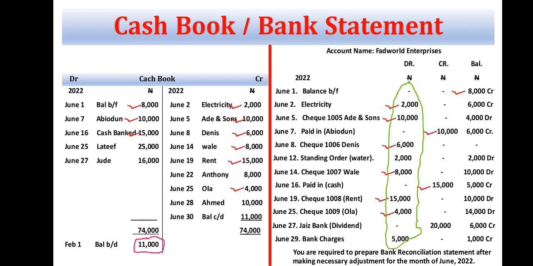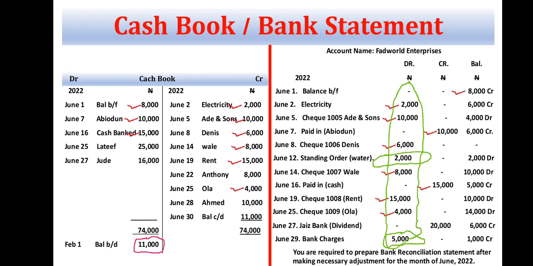When the business issues a check, they credit the account. So this time around, we are talking about all those entries that appear under the debit side of the bank statement, not under the credit side of the cash book. So if we look at it very well, we have standing order, which is 2,000 naira. We also have bank charges, on the 29th of June, which is 5,000. And those are the two entries.